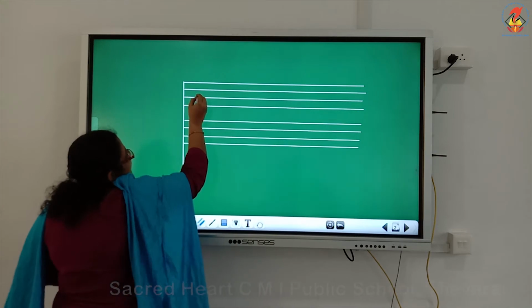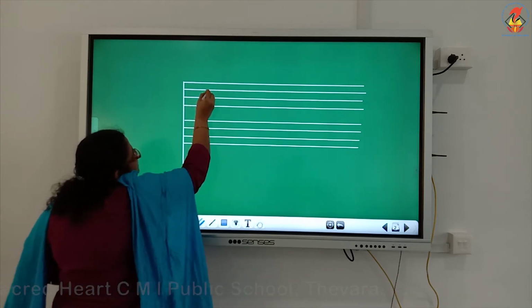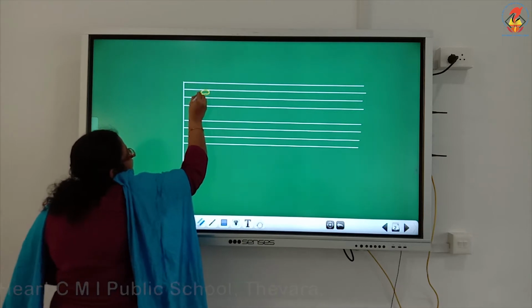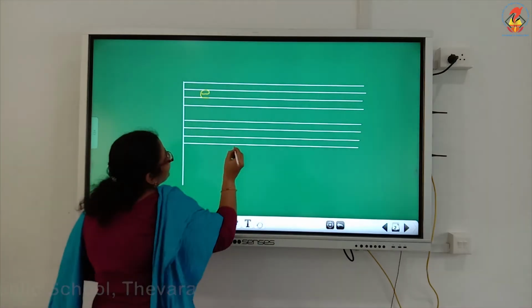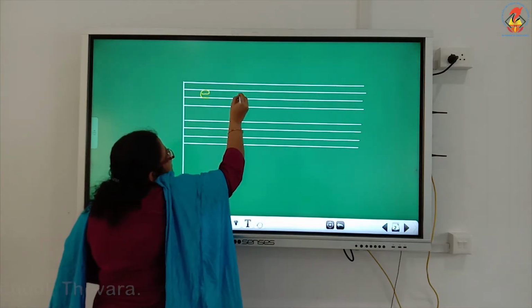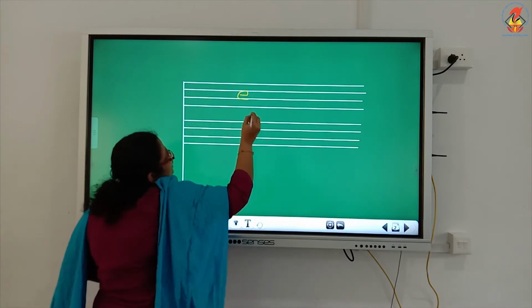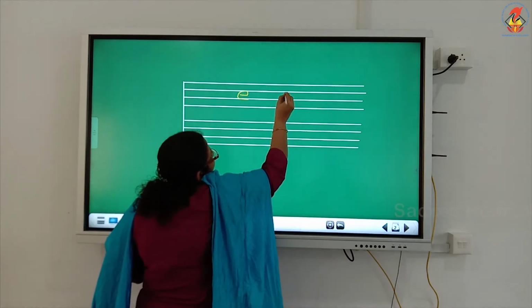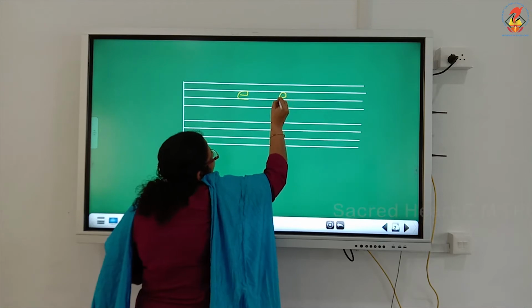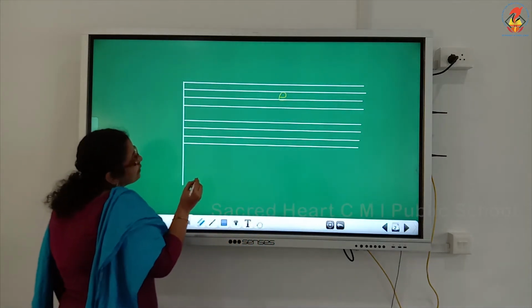In between the second and third line, you are going to draw a small sleeping line, then a forward curve. Again, a small sleeping line, go up, touch the line and a forward curve. Letter E and the sound of the letter is A.